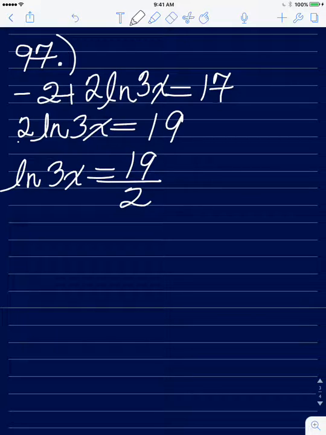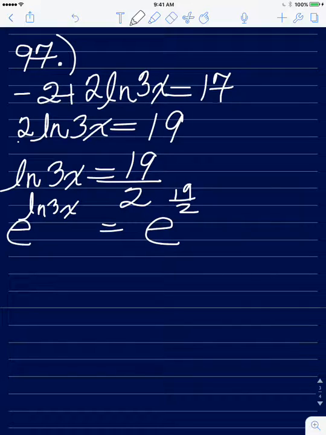Okay. And finally, now let's get rid of the natural log. And we know that we just have to exponentiate and use e. So e raised to the natural log of 3x equals e raised to the 19 over 2. Or if you want to call it 9.5, it's the same thing. e to the 9.5 power. Okay. e and natural log cancel out.